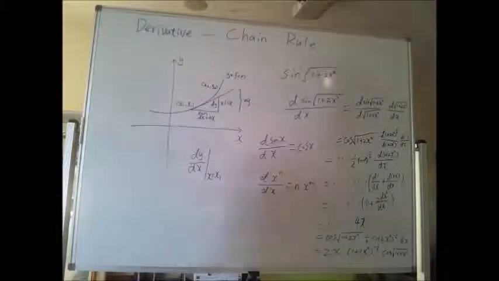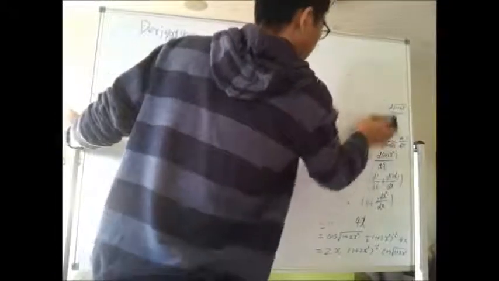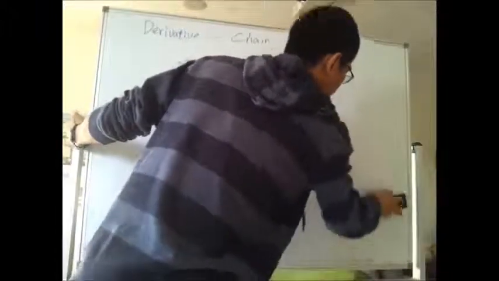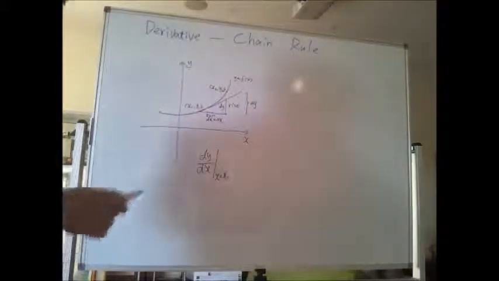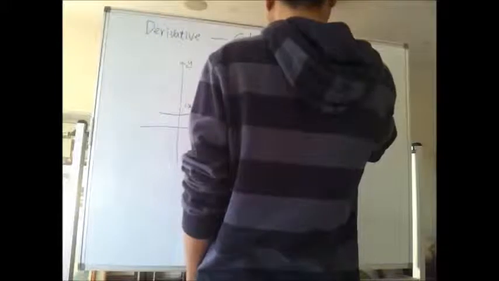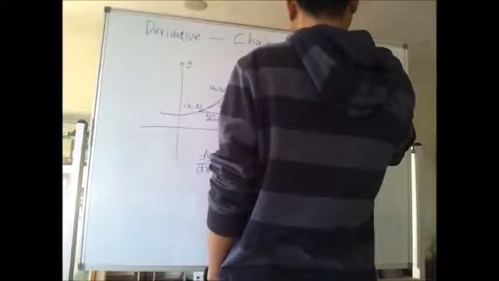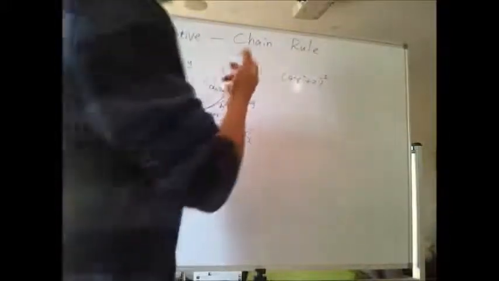Now let's look at another example for the chain rule. Let's say find the derivative of this.